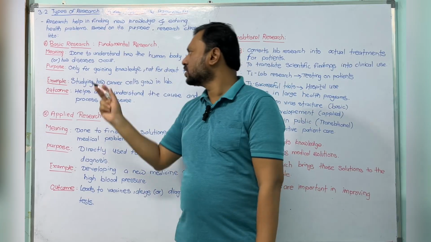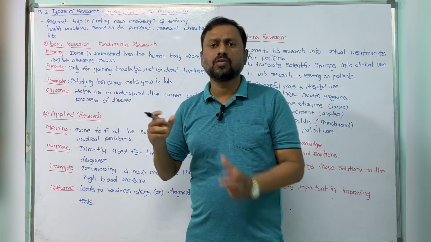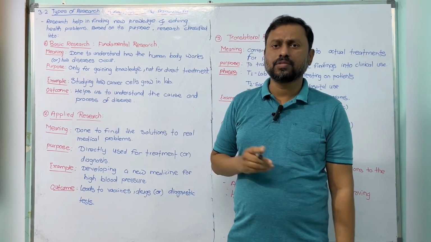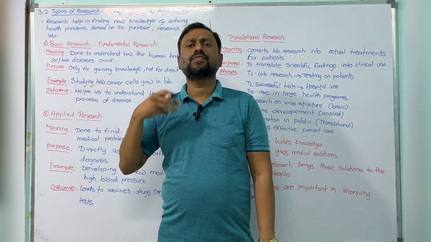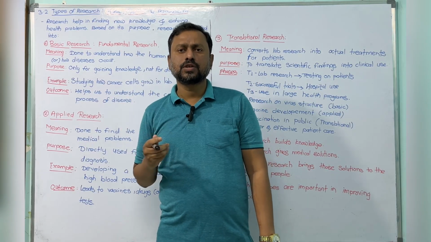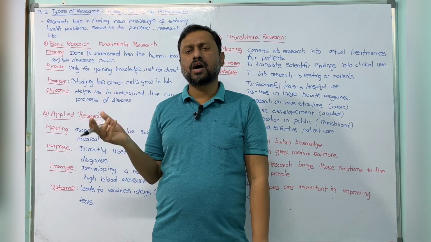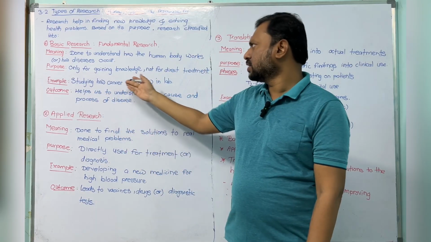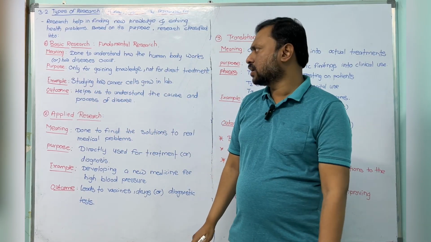For example, you can take studying how cancer cells grow in the lab. How the cancer cells are growing, that we study in the lab. If you take an Ayurvedic example, if a particular disease is produced, what doshas are involved, what panchamahabhutas are there, what dhatus are involved, that study is nothing but fundamental research or basic research.